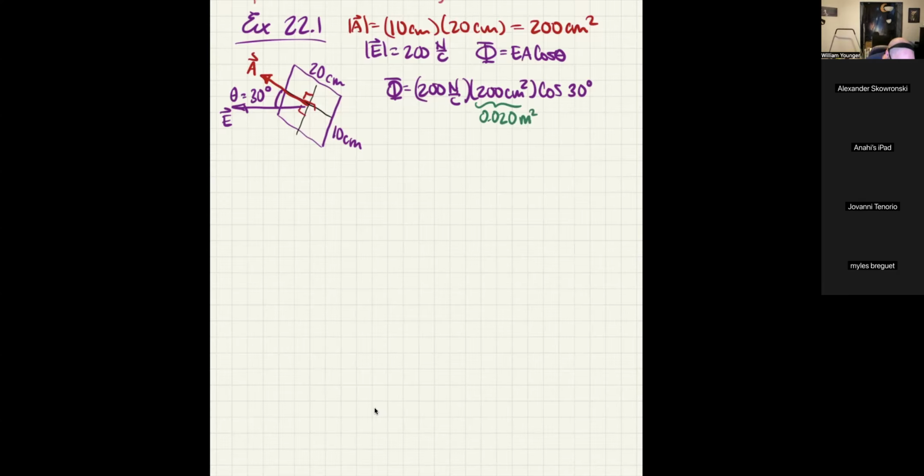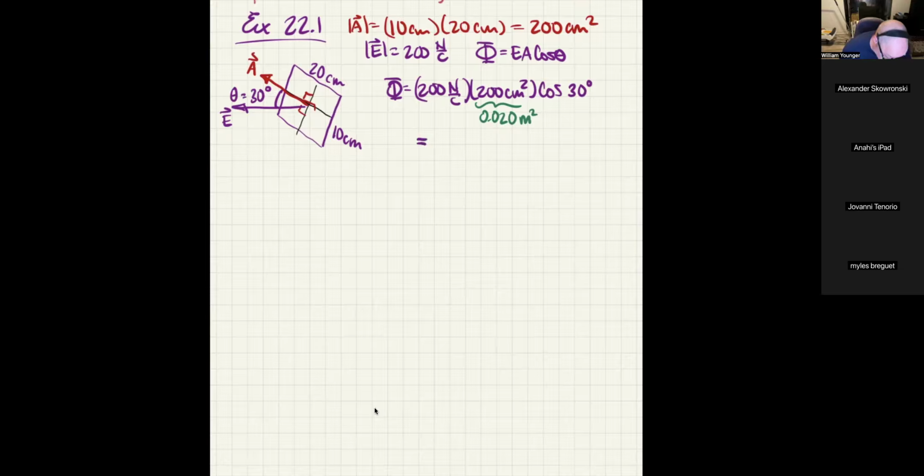So when I take 200 and I multiply it by 0.1 times 0.2, which obviously is the 0.02, and then I multiply that by the cosine of 30 degrees, I get 3.46. Oops, I should stick to the color I was using.